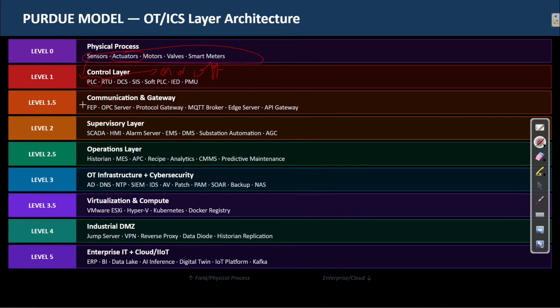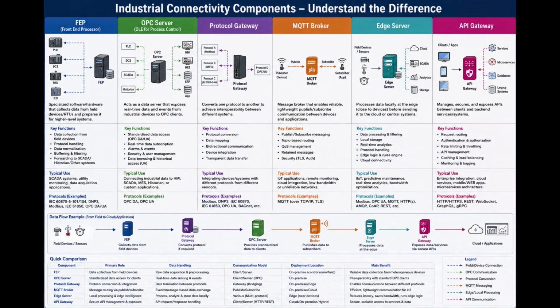Next layer is level 1.5. This level is communication and gateway, because we must transfer this communication upward to the SCADA server. So it acts as a translator and communication bridge between the OT devices and the higher systems.